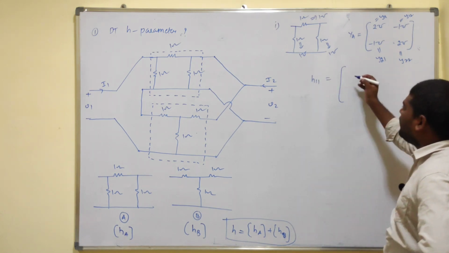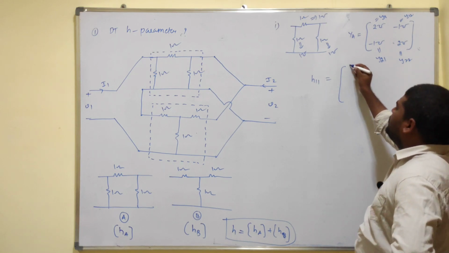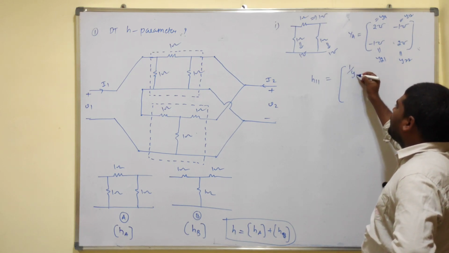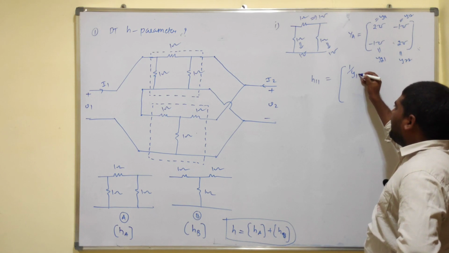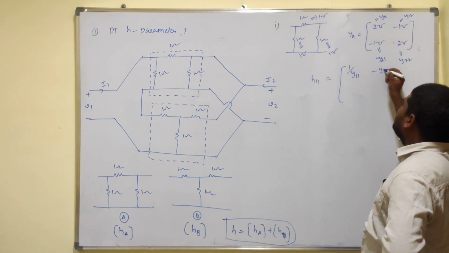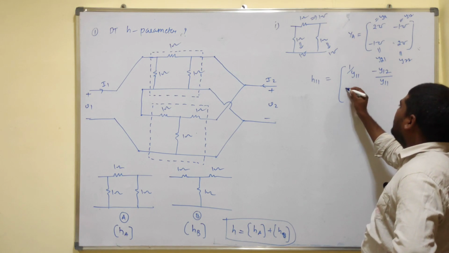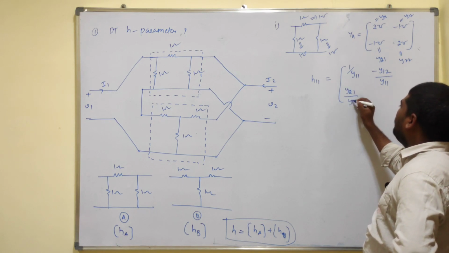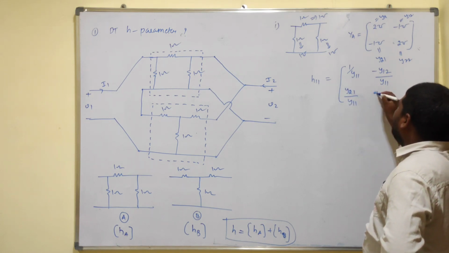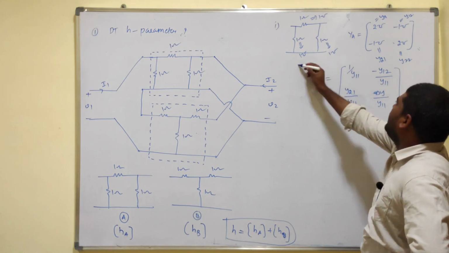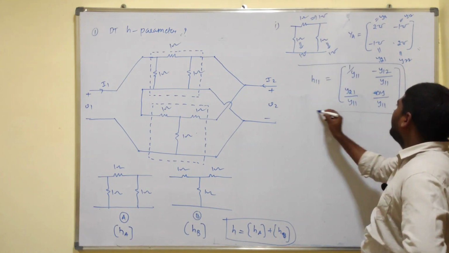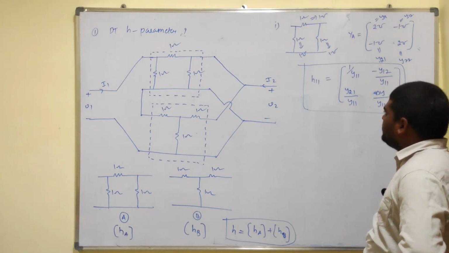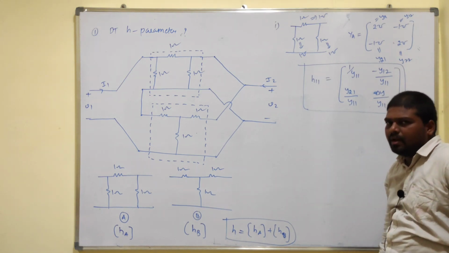Okay. Now the H parameters in terms of Y matrices: the H matrix equals 1 by y11, minus y12 by y11, and next y21 by y11, and delta y by y11. This is your conversion formula, H parameters in terms of Y parameters.